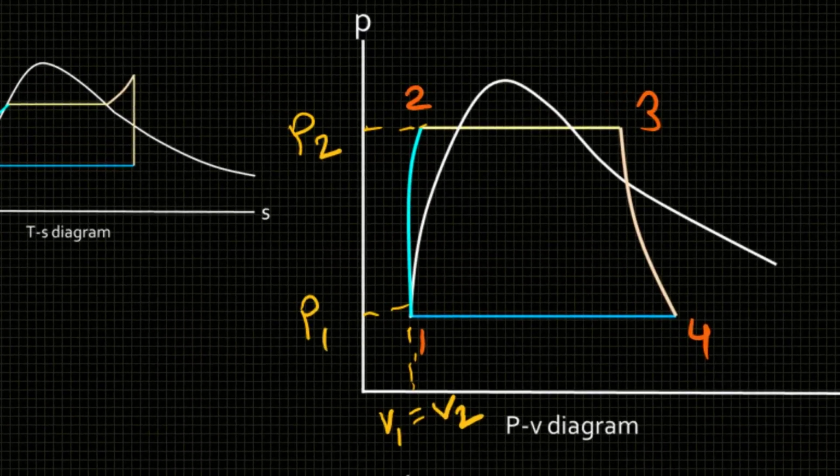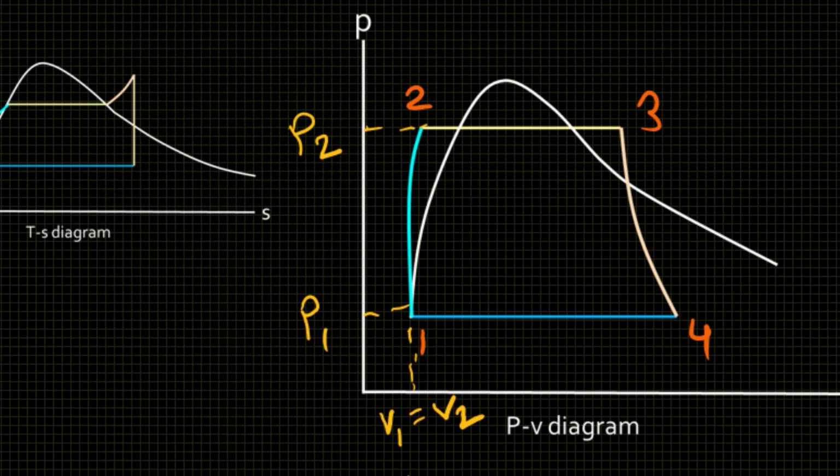So in this case you can see the PV diagram here. From point 1 to 2, this is the pumping process, due to which the pressure increases from P1 to P2, and there is no appreciable change in volume during this process because water is incompressible. So we can say volume V1 equals V2.